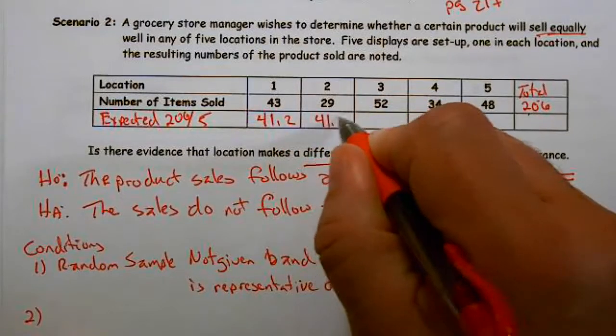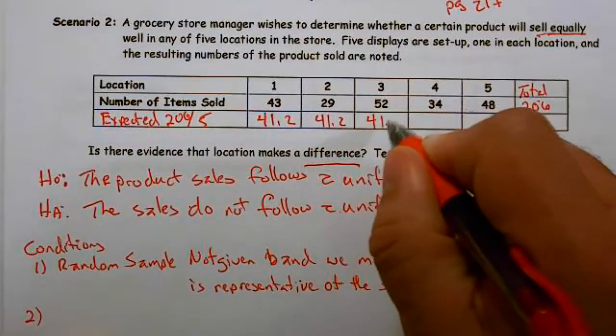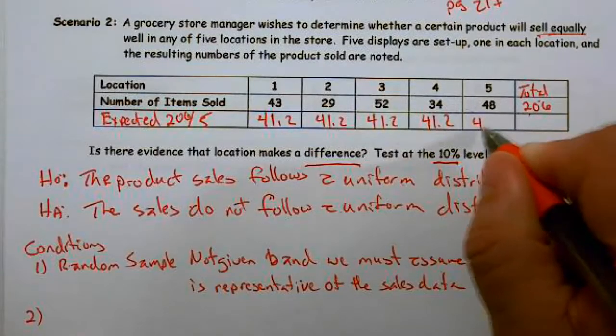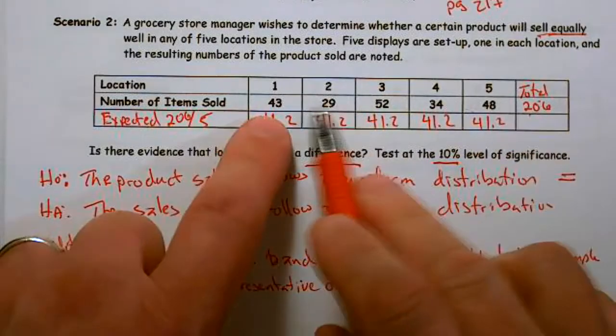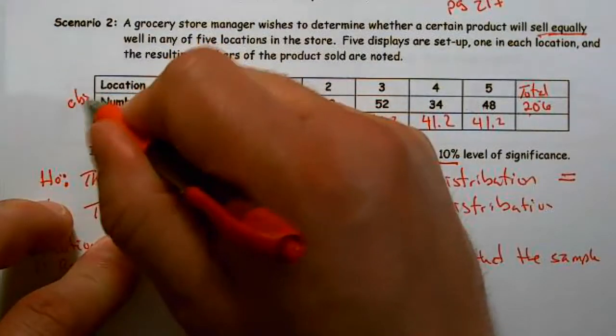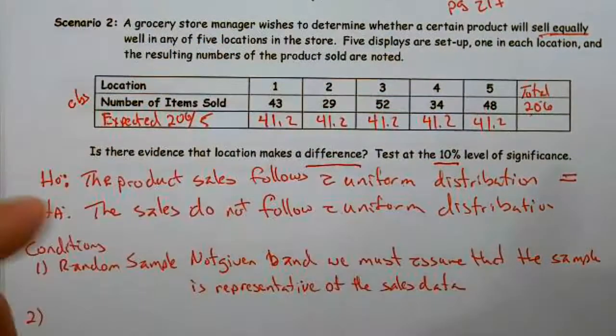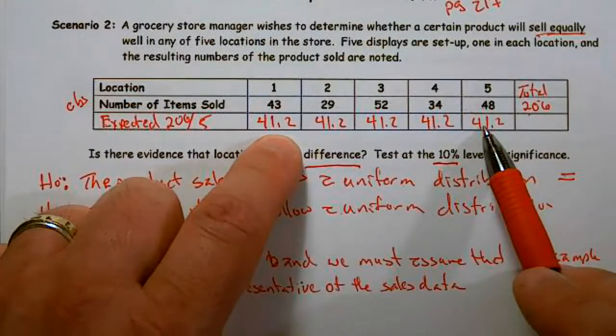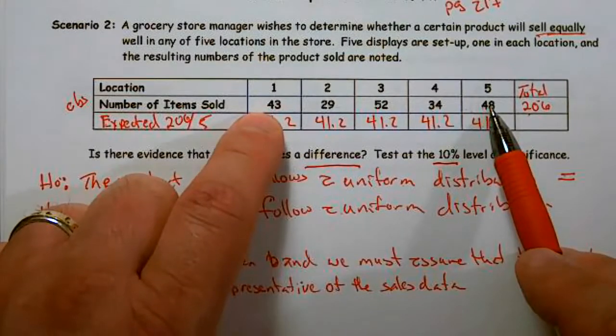And you're like, hey, Mr. Spencer, but that's not a whole number, that's a decimal. That's right. The observed values must be whole numbers, but the expected values don't have to be. The expected have to be greater than 5 and the observed don't.